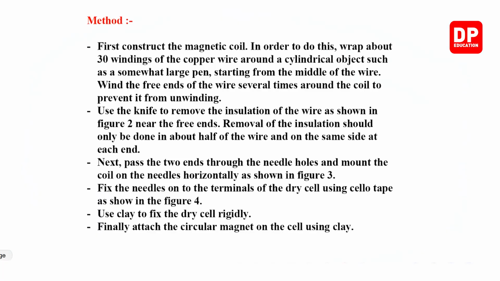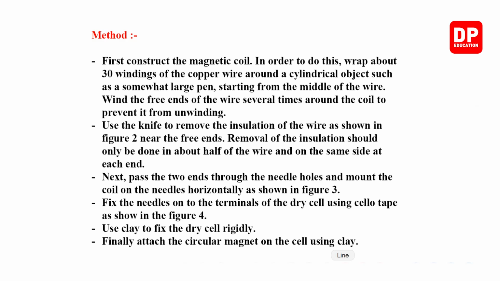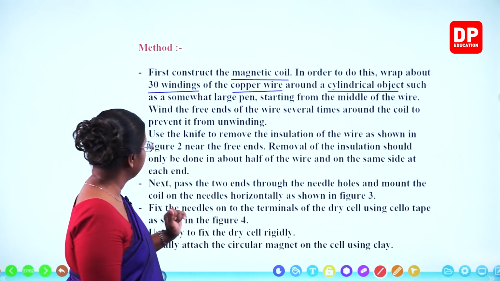So method. If we look at the method there, first construct the magnetic coil. That is the coil I showed you all in the diagram. In order to do this, wrap about 30 windings of the copper wire. So that is the insulated copper wire around a cylindrical object such as a somewhat large pen, starting from the middle of the wire, so that you will have the two free ends.